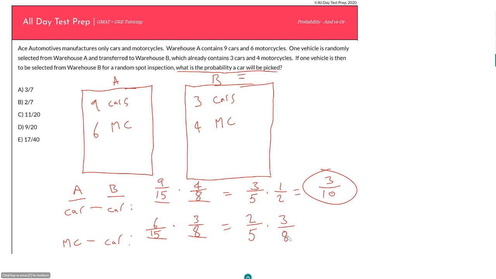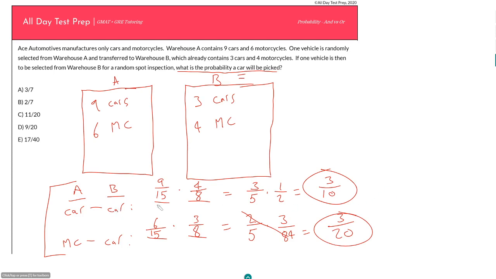And 2 over 8 is just 1/4, so 3 out of 20.